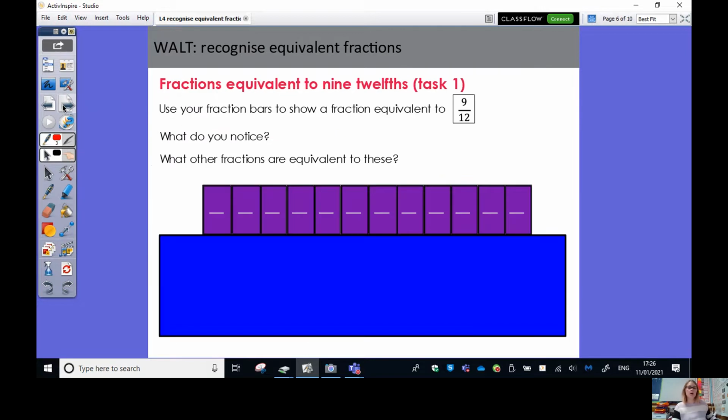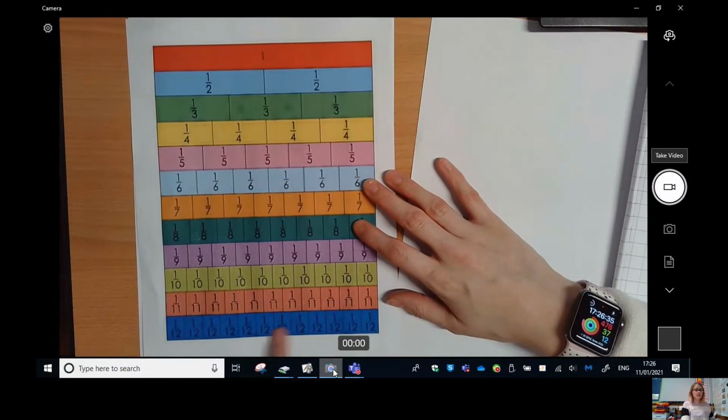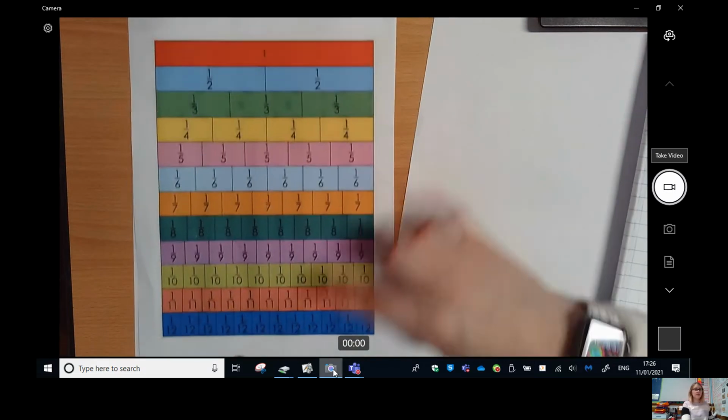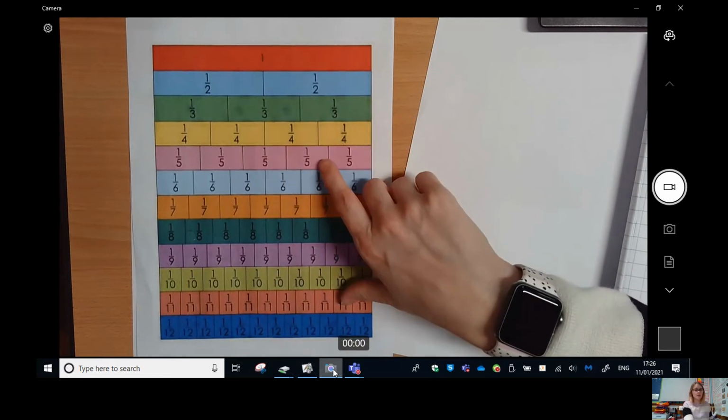Okay, I want you to have a go on your own now. So in a moment, you're going to pause the video. I'd like you to go away and use your fraction wall to find the fractions that are equivalent to 9 twelfths. So when you have your fraction wall in front of you, obviously my twelfths are down here. So you don't have any more fractions here, so you might have to look upwards to see which smaller fractions are equivalent.